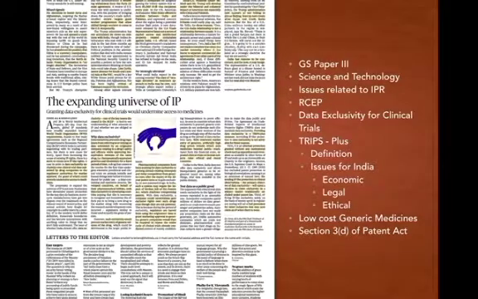Section 3D of the Patent Act, which prevents the evergreening of patents by pharmaceutical companies, will get hampered because data exclusivity will give them a backdoor entry to it. And the ethical issue is that it would lead to repeated clinical trials and subject a number of humans to clinical trials of these drugs.